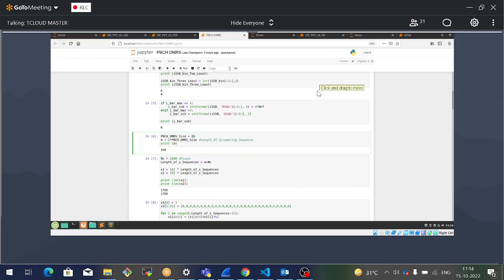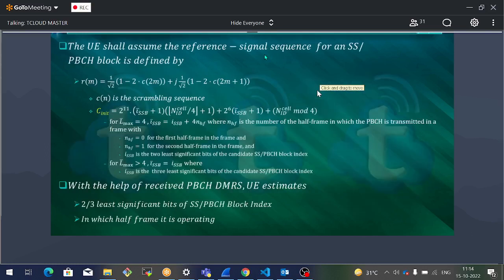But to generate 84 symbols, we require a scrambling sequence of double that size. That means if you wanted to calculate this M being 84, you require a scrambling sequence double of that size, because for calculating every DMRS bit, you require 2 bits of the scrambling sequence, C of 2m and C of 2m plus 1.